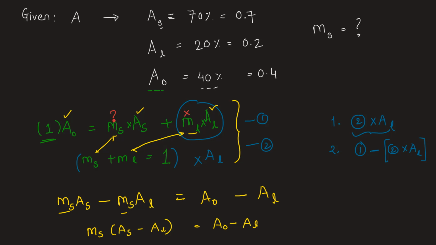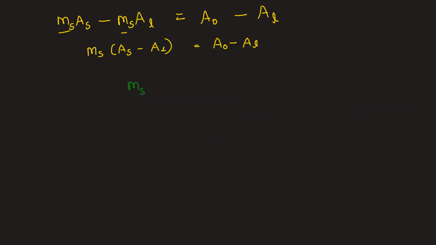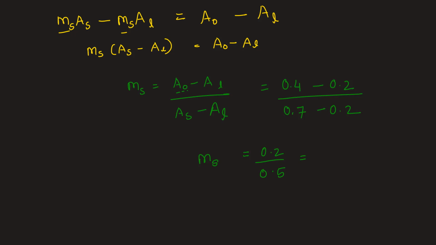So MS is basically A0 minus AL upon AS minus AL, which is equal to, in overall composition, concentration of A is given as 40%. We can write this as 0.4 minus, in liquid, concentration of A is 20%, which we can write as 0.2, divided by, in solid it is 0.7, and again in liquid we have 0.2. So fraction of solid in the overall composition is nothing but 0.2 upon 0.5, which is 2 by 5, that is 0.4.